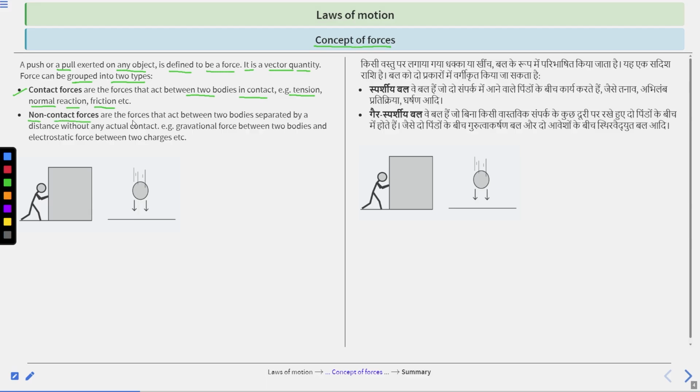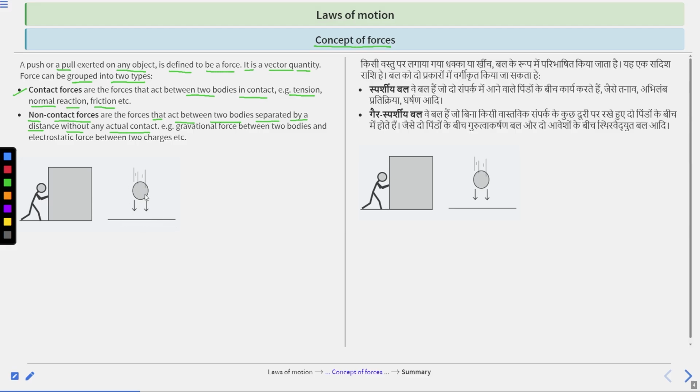Non-contact forces are the forces that act between two bodies separated by a distance without any actual contact. Like this figure. This is an example of non-contact forces. Suppose this is a surface and this is a ball.